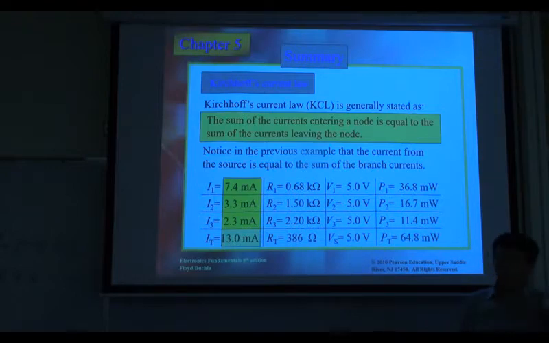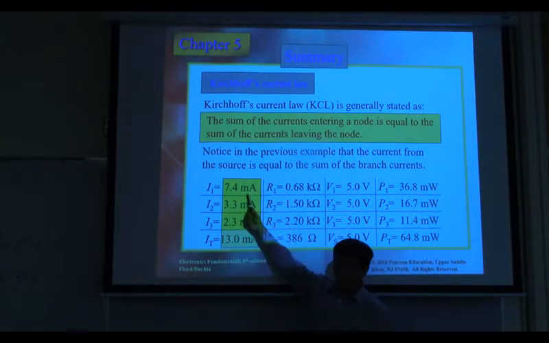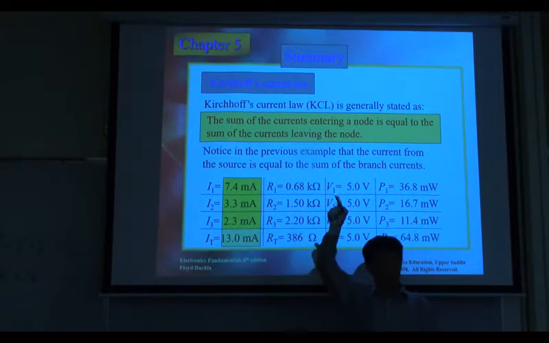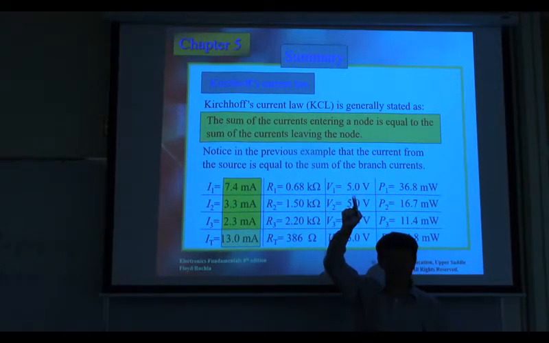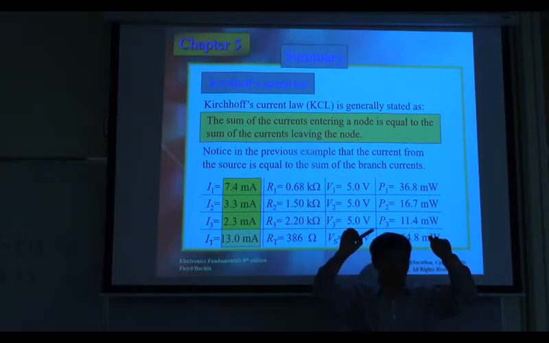Now we consider the top one. Is this one in or out? Or we consider the top node. Now you imagine you have the picture, right? You have the circuit.